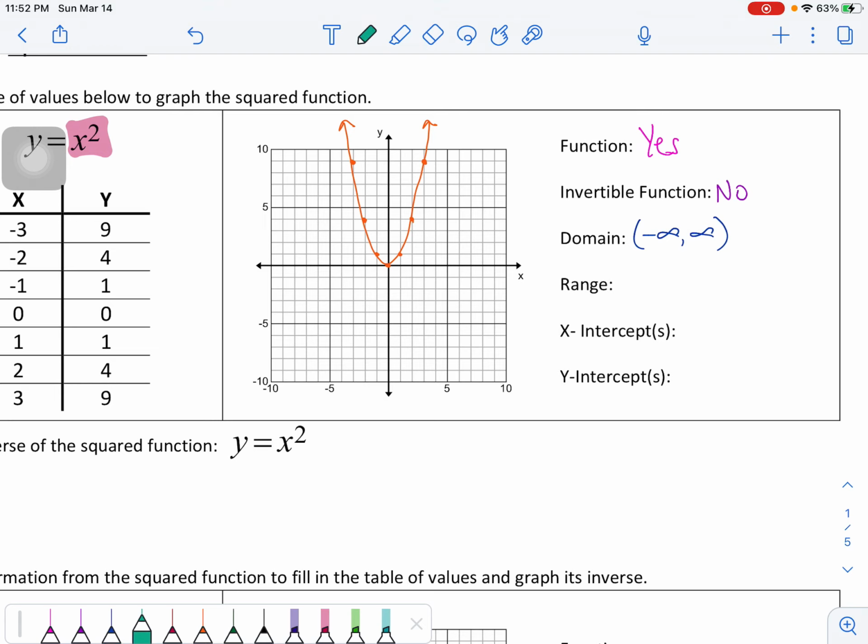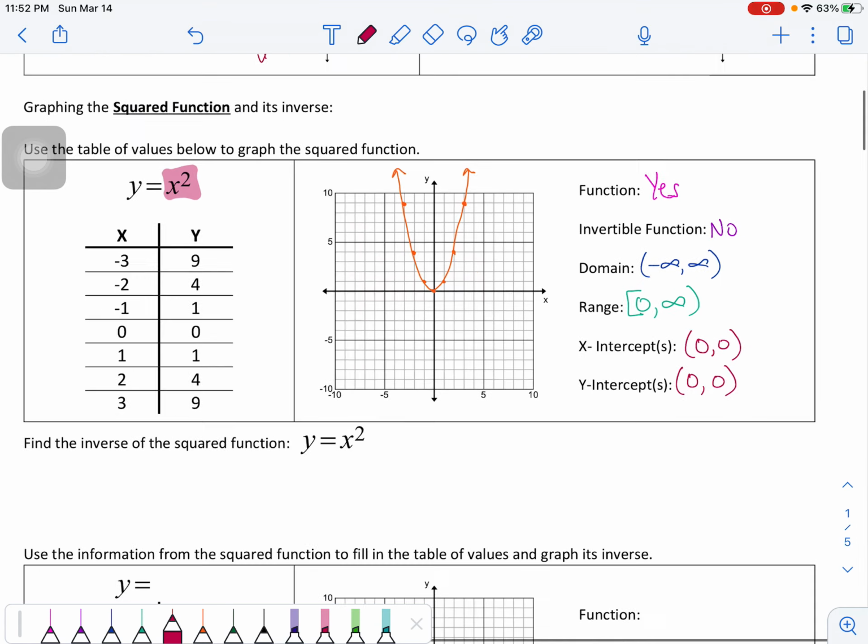Range are your possible y values. Now, in this case, the lowest y value we can work with is 0, and we go to infinity. So basically, no matter what x you put in, it's all going to be positive values except for 0 itself, so that's your lowest value. X-intercept, there is 1 at 0, 0, the origin. Y-intercept is the same, 0, 0.